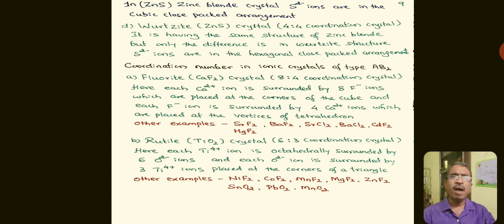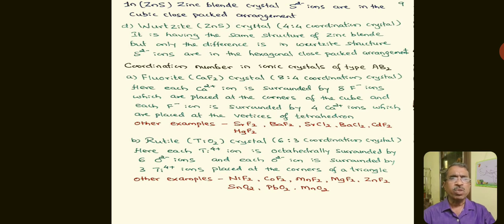We also have another structure called rutile crystals. The rutile crystals are nothing but titanium dioxide, which has 6:3 coordination. Here, each titanium ion is octahedrally surrounded by 6 oxide ions, and each oxide ion is surrounded by 3 titanium ions placed at the corners of a triangle.